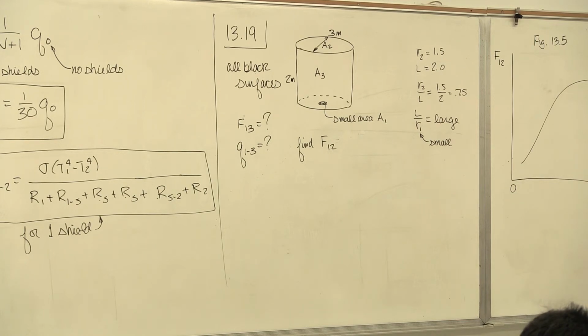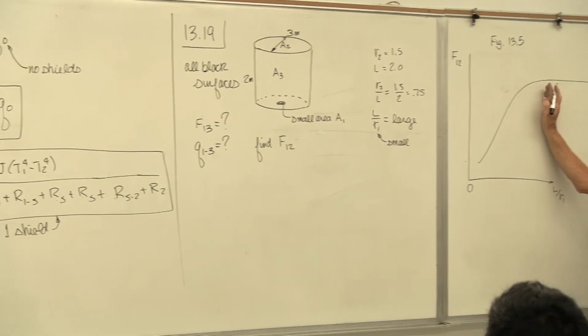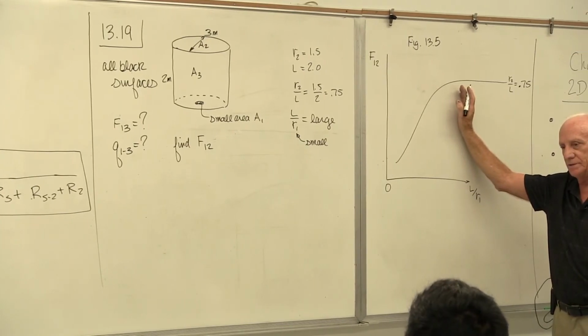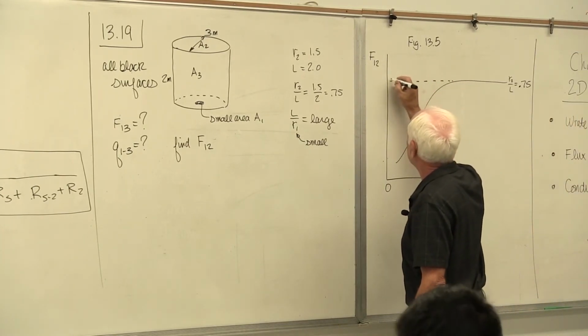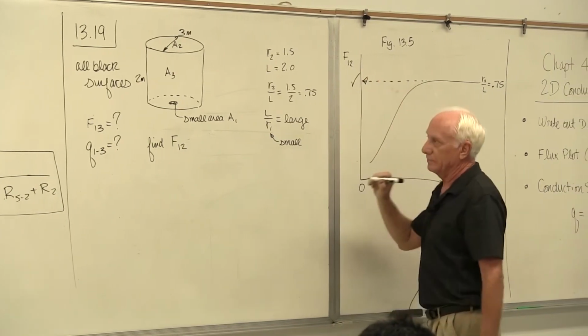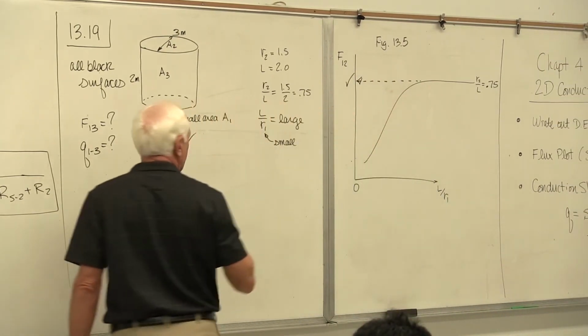Far, far to the right. How far? I don't know, but it's big. What happens to the curve when you pass a certain point? It flattens out. So for big enough L over R1, it's not changing. Now I've got F12.